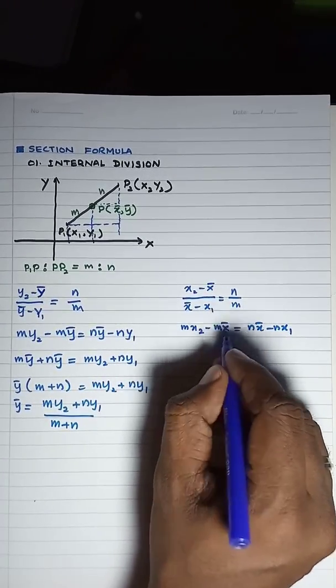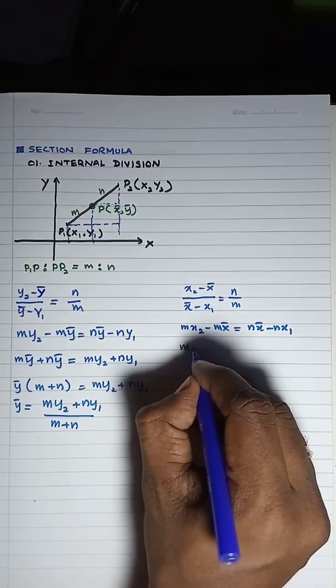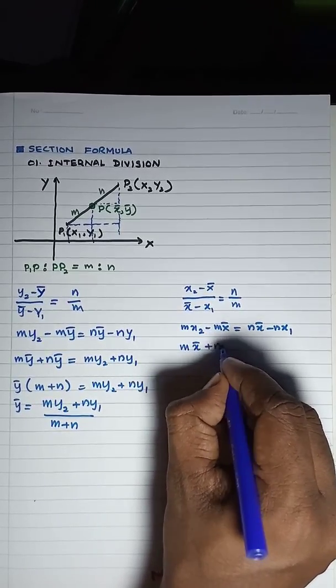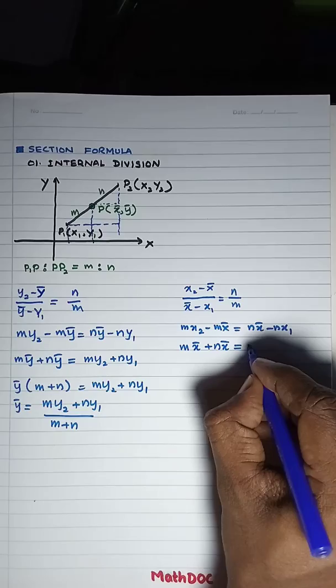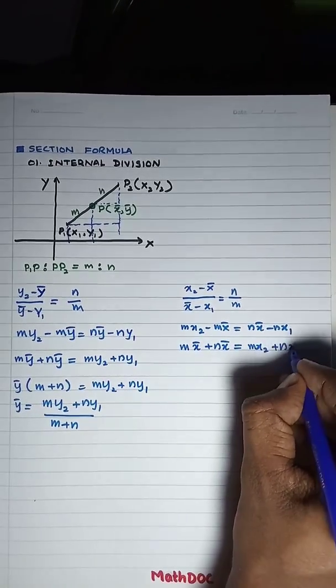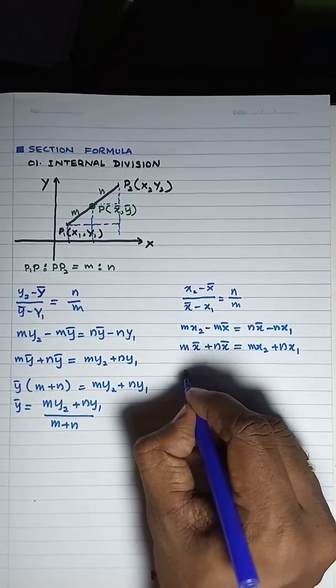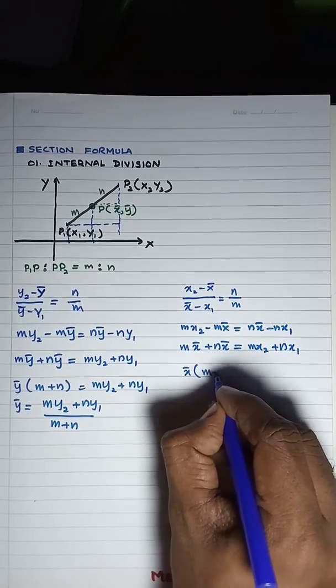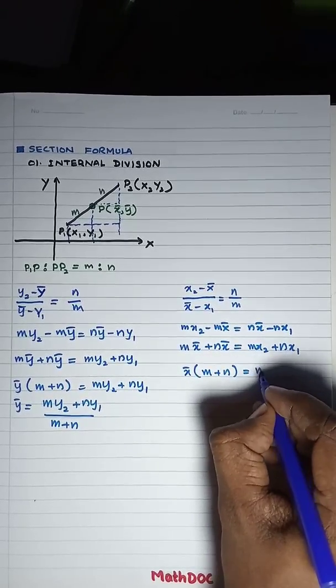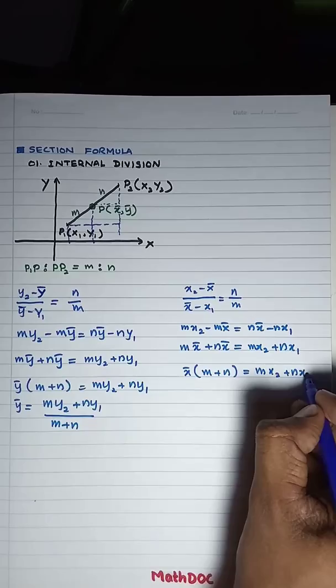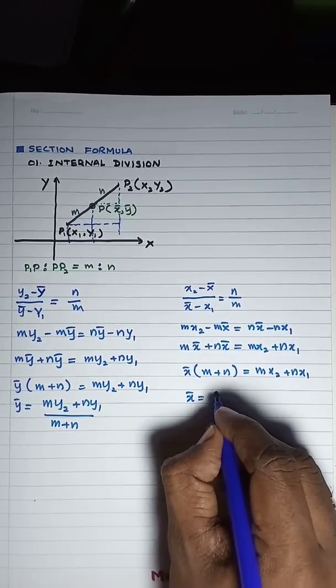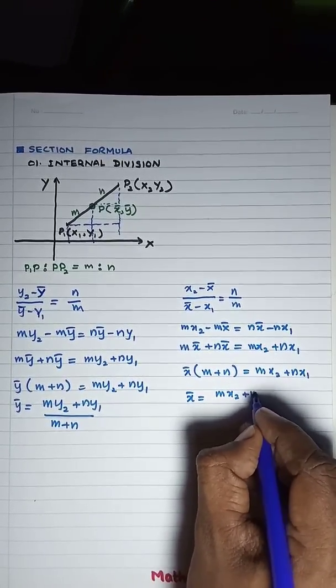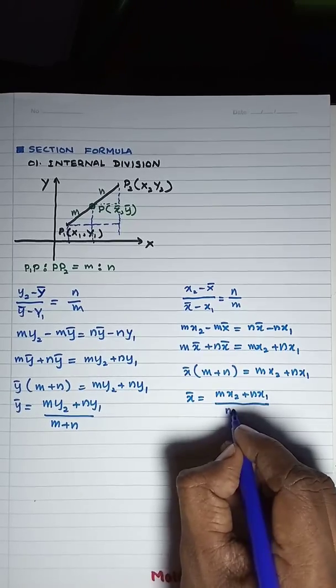Take this to the other side: mx bar plus nx bar equals mx2 plus nx1. Then take x bar outside, (m plus n), so x bar equals (mx2 plus nx1) over (m plus n).